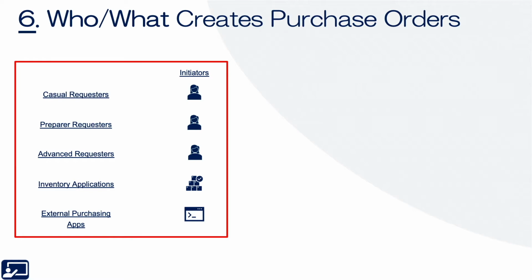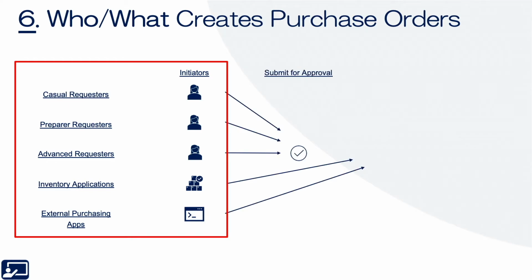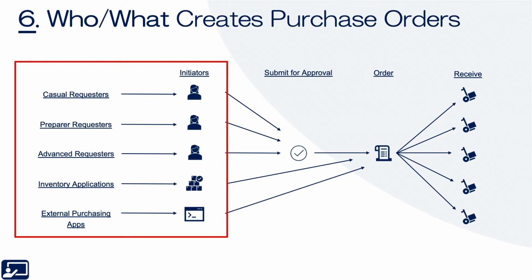So inventory apps, if we're talking about inside Fusion, and then you also have the potential for external purchasing apps to create POs as well. Very similar to what you see, submit for approval, or these get directly created if they've been approved in some other world or application. That's how the POs get created, and then everything gets received.